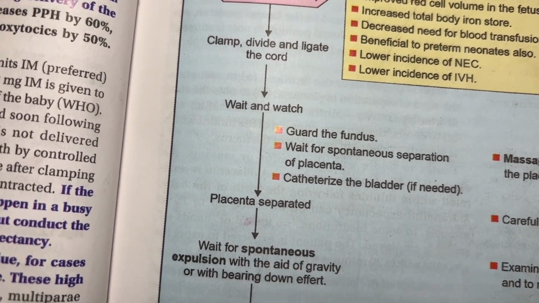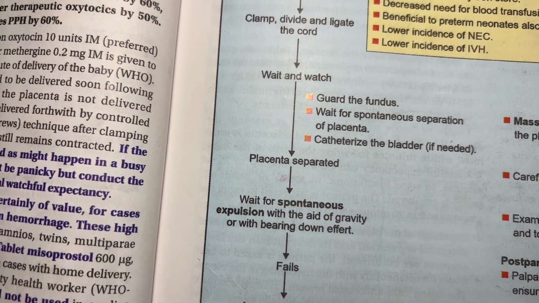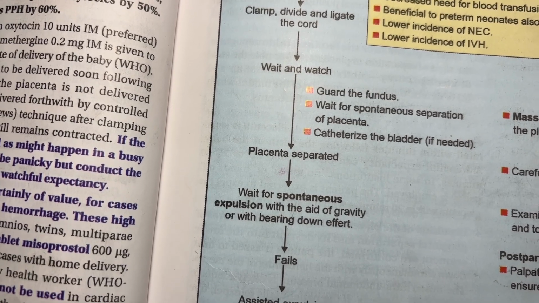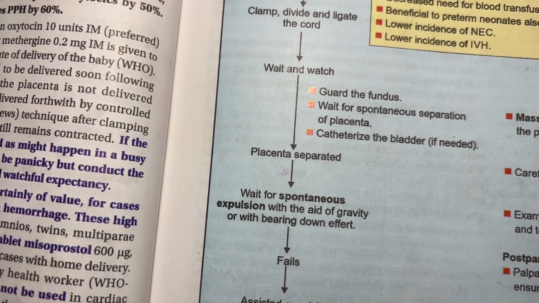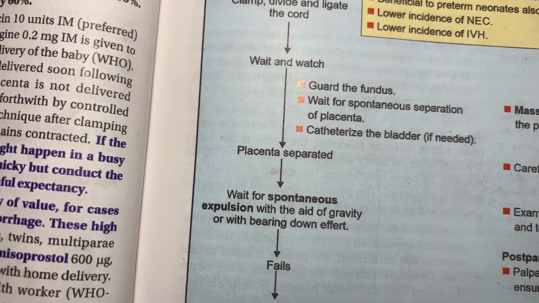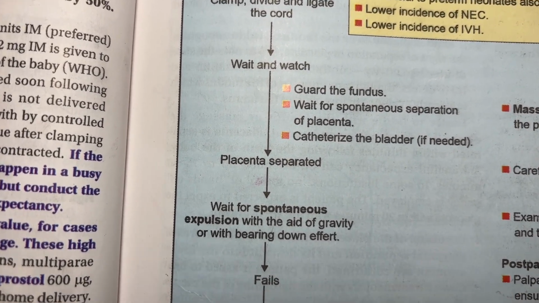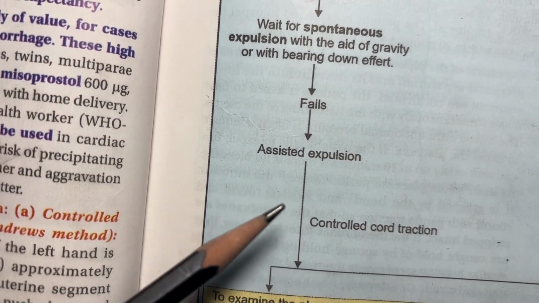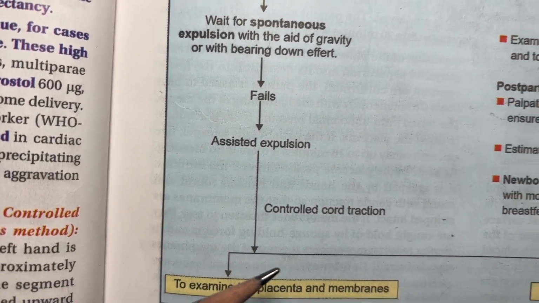And then after the placenta has separated, wait for spontaneous expulsion, with the aid of gravity or with the bearing down effort. If it fails, then assisted expulsion and controlled cord traction.